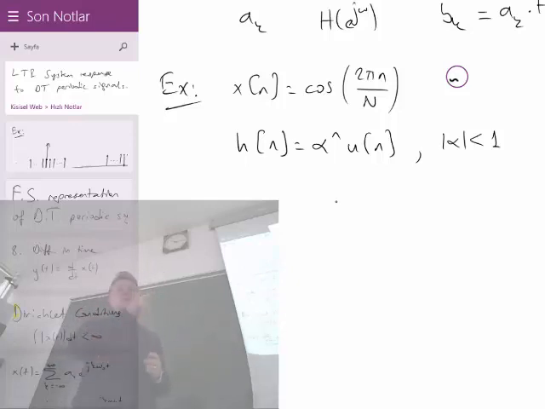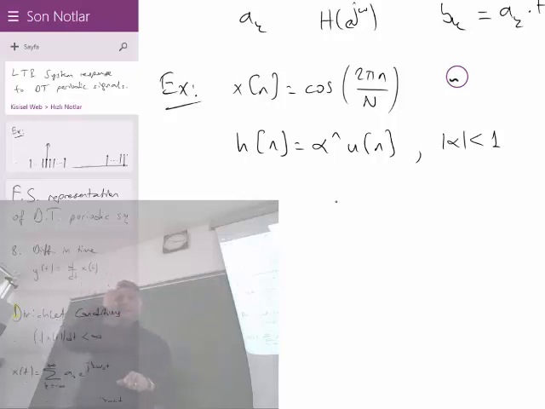If, because of u of n, it was, for example, u of n plus 1 or something like that, then it would be shifted towards left, and that means that the response came before the impulse. That would make it non-causal. But this one is causal. If you have a u of n in the impulse response, or u of t in the continuous time, certainly it is causal. Because the impulse response is right-hand sided. Just draw it, you will see that it's right-hand sided.